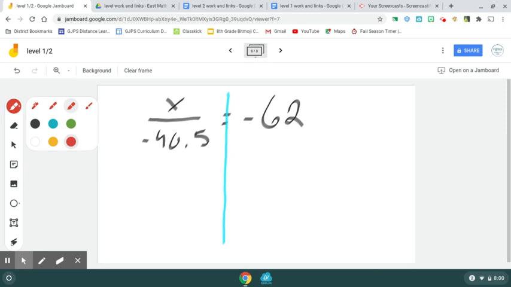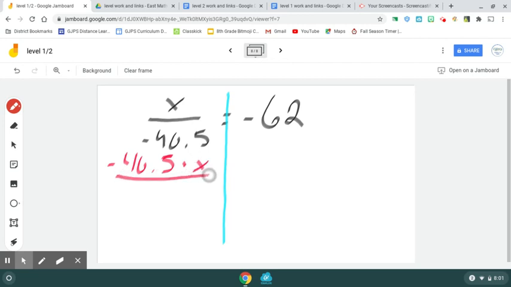So what I'm going to do is I'm going to times each side by negative 40.5 times x over negative 40.5. So this time I'm just keeping the fraction bar, but I am multiplying negative 40.5 times x.